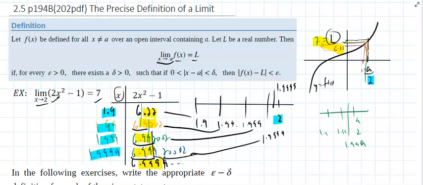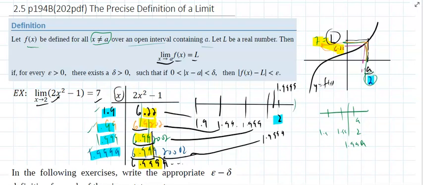Of course, I could have went from the right. So let's see how this definition plays. It says, let f of x be defined for all x except at a. So we're never going to use 2 in there, right? We always use 1.9999 or 2.001 over an open interval containing a. So around a, right? Above or below.